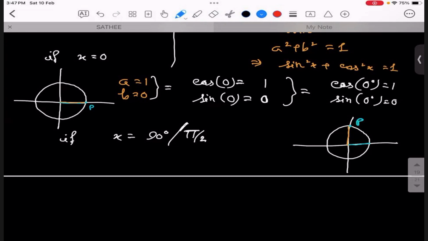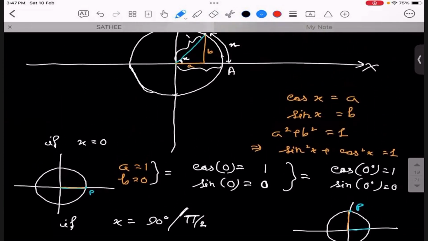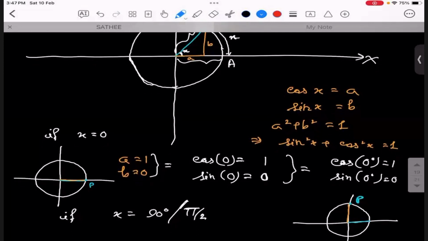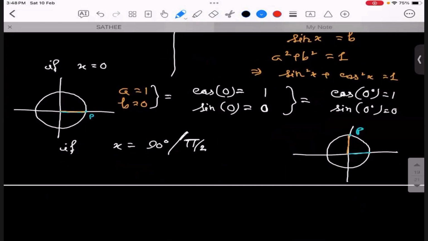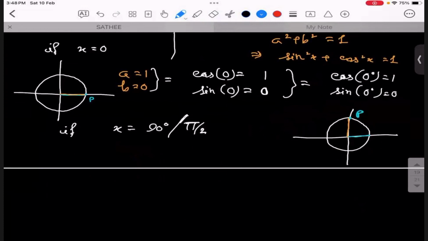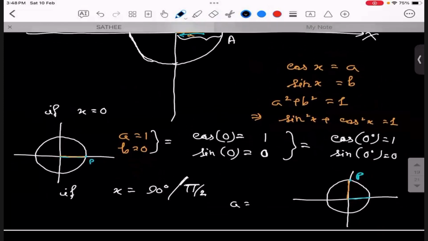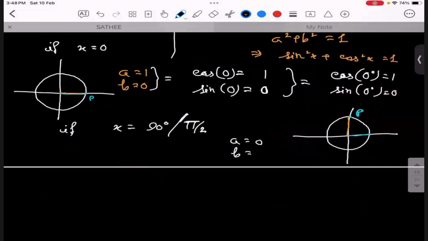Now compare this with the earlier figure. Whenever 90 degrees happens, we have B but we don't have A, because you can see this A gets omitted. A goes in this direction and B goes along the axis, so in this case A equals 0 and B equals 1.